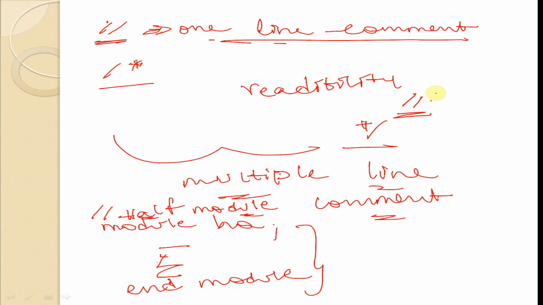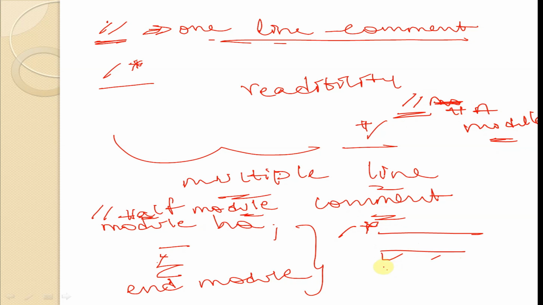If we write this is a half adder module, this line will be commented and will not be executed by the simulator. And if we use a multiple line comment, then the information written inside this multiple line comment will be skipped by the simulator. So these are the two types of comments in Verilog.